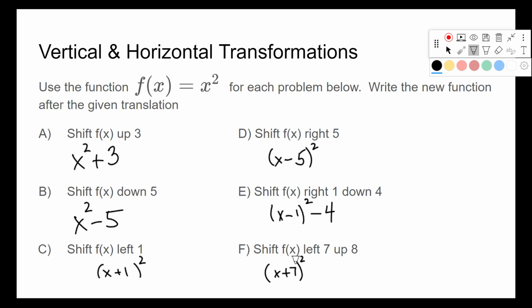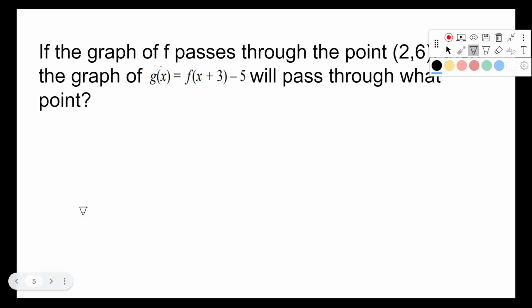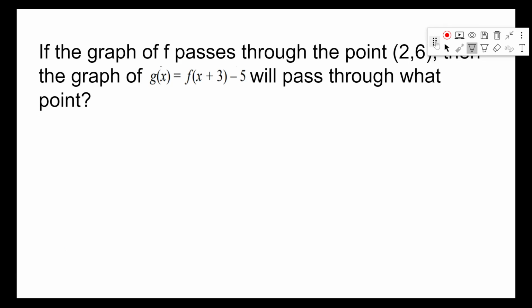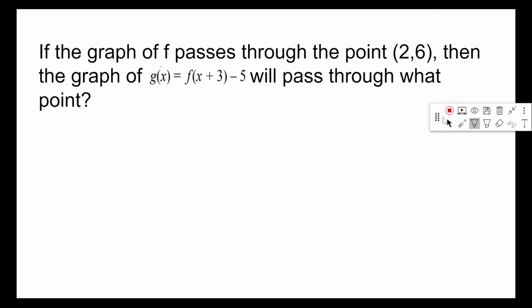That's going to move me left 7, up 8, plus 8. Those would be my functions. That's what they would look like. Okay, you should be able to take given transformations and write the equation based on that given transformation that you've been told. All right, now let's talk about how we're going to actually go about graphing these things.